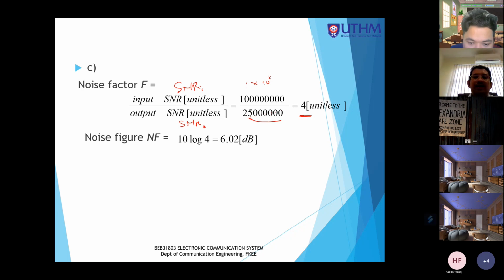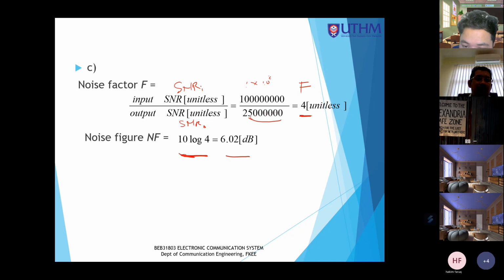And then once you get the noise factor, you can find the noise figure. So noise figure is 10 log 4. So 10 log 4 is equal to 6.02 decibel. Nampak 10 log 4 ni sama dengan 6.02 decibel.